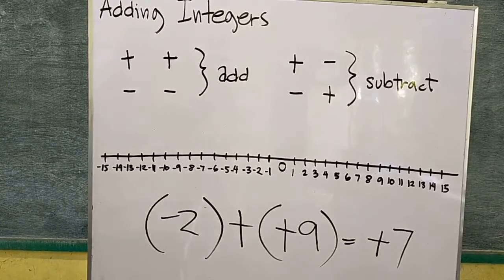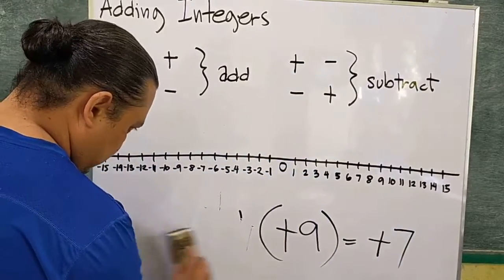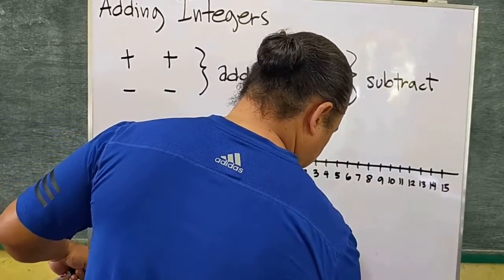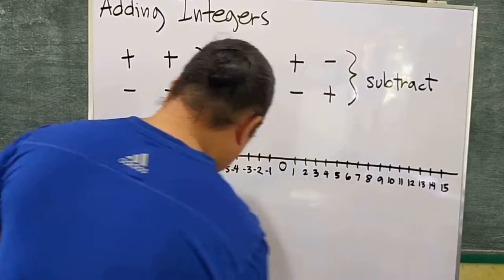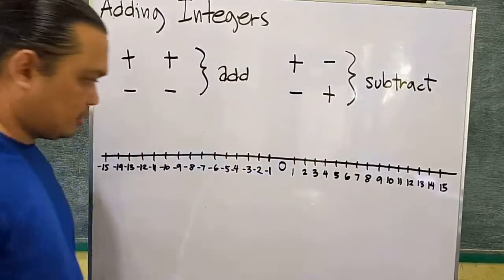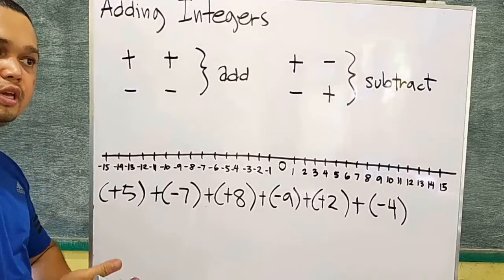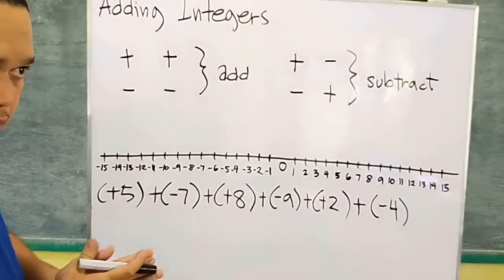Now, how about if we have multiple operations? On the board, we have an example here.